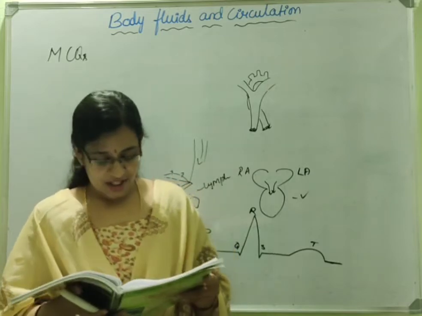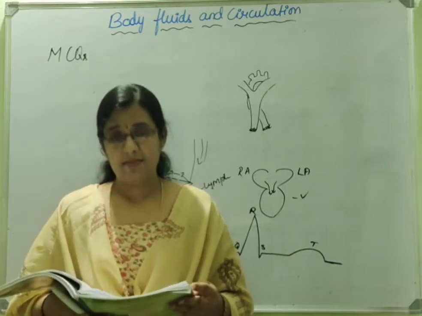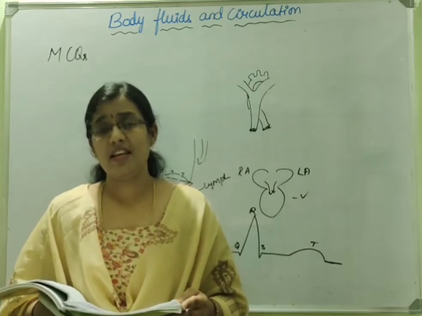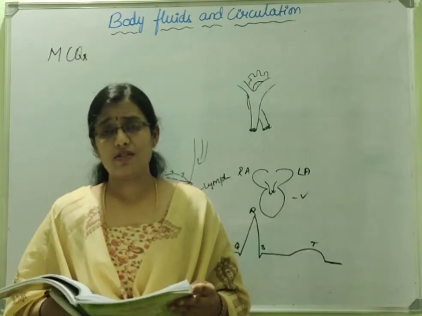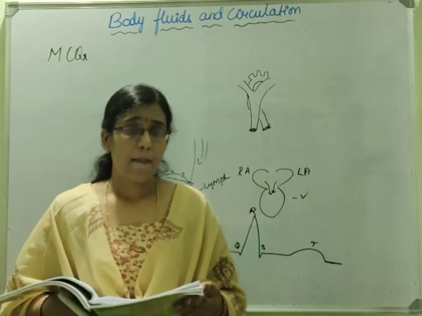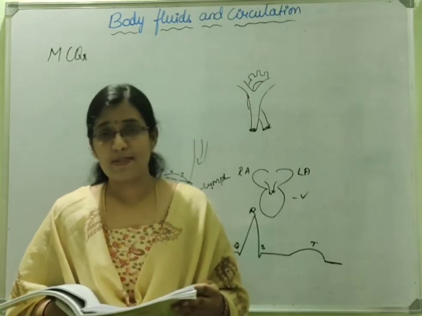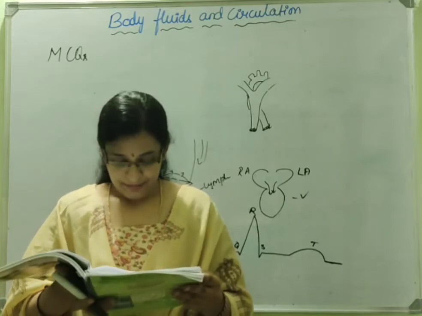Which is the right option? It is option C, ventricular systole. That means the contraction of ventricles. When the ventricles contract, semilunar valves open, whereas the bicuspid and tricuspid valves suddenly close, making the sound lub.